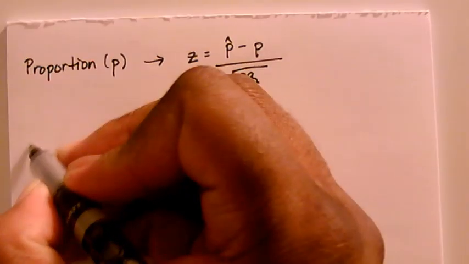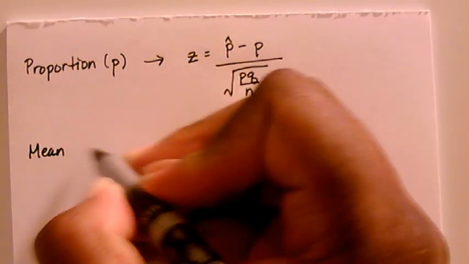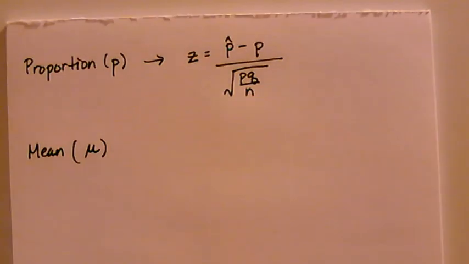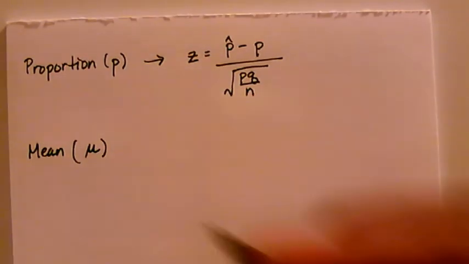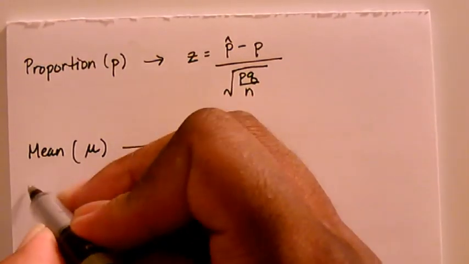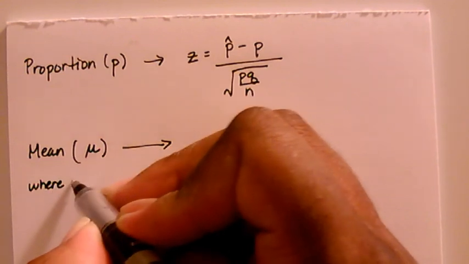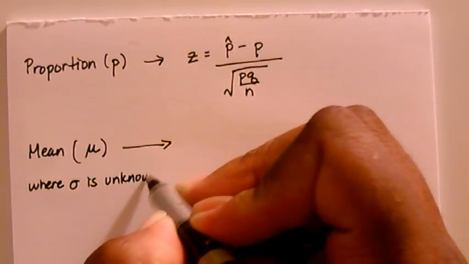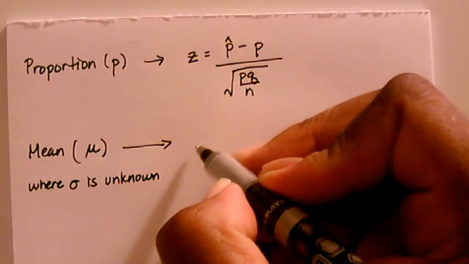Okay. And then for the mean, now in the notes they have 2 formulas for the mean, but we're only going to use the one where sigma is unknown. Okay.